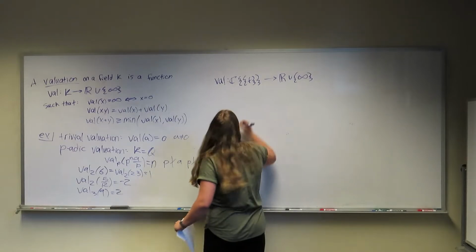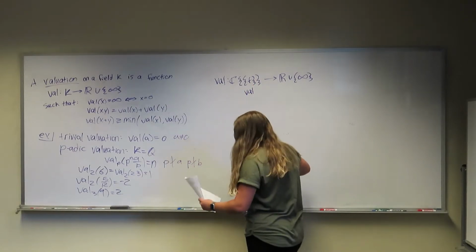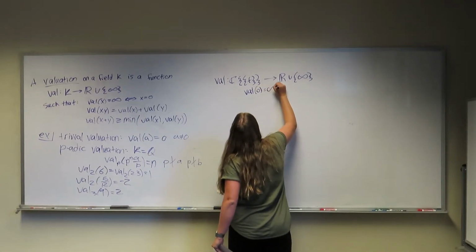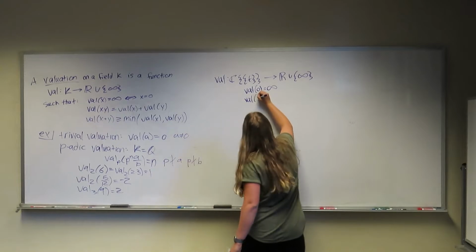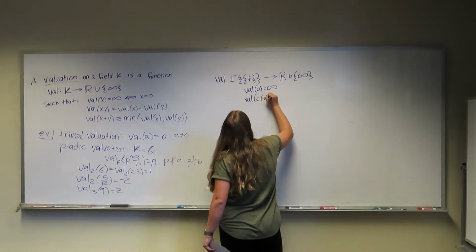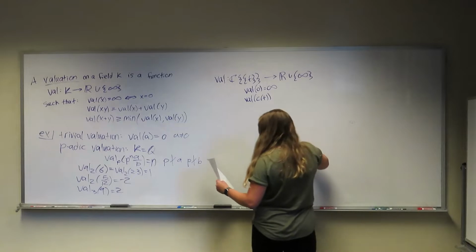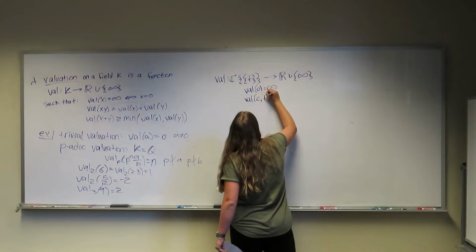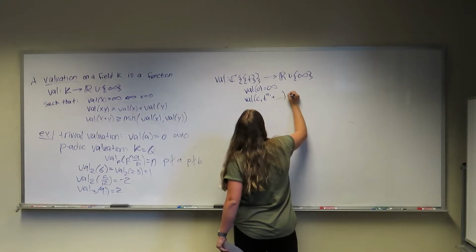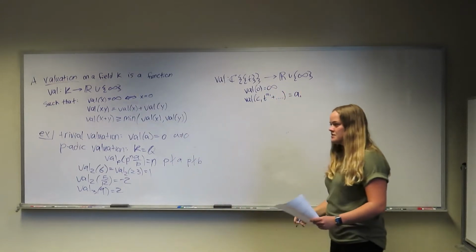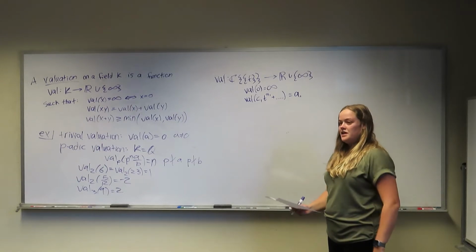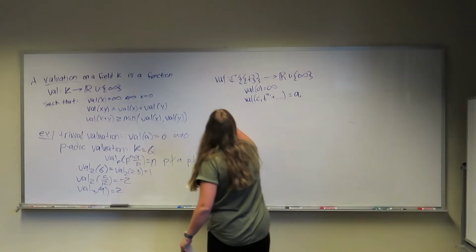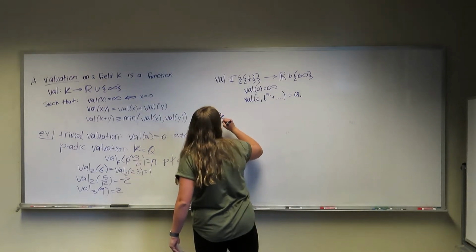It is defined by the valuation of 0 being infinity, and the valuation of C(t), where C(t) is c1 t to the a1 plus so on, is a1. So your valuation is your lowest power. This is the valuation on the field of Puiseux series. Lowest power, right? Yes. Sorry.